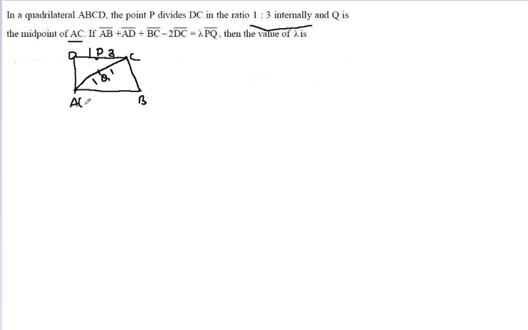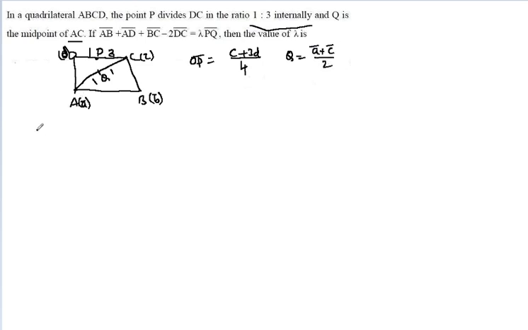So the position vector of A is A bar, B is B bar, C is C bar, and D is D bar. Now the position vector OP bar, since P divides CD in the ratio 1 : 3, is (1 into C plus 3 into D) by (1 plus 3), that is (C bar plus 3D bar) by 4. And Q, the midpoint of AC, is (A bar plus C bar) by 2.